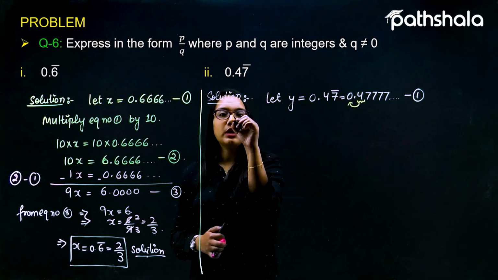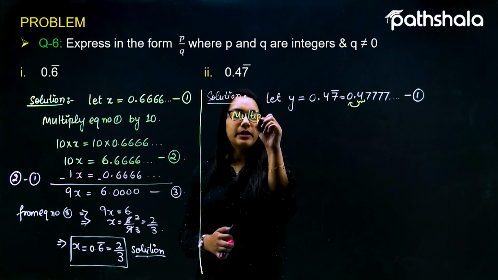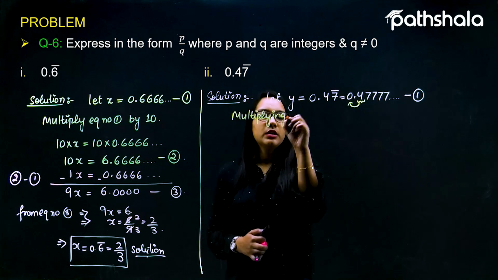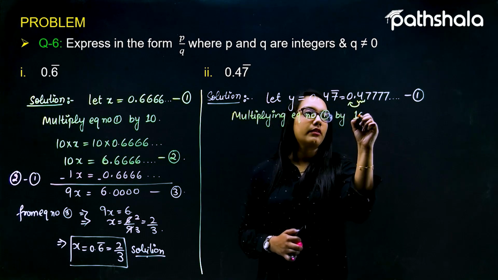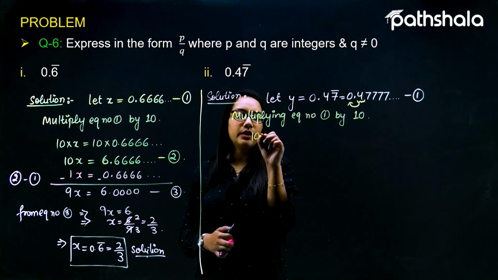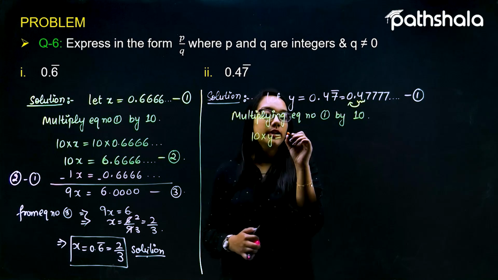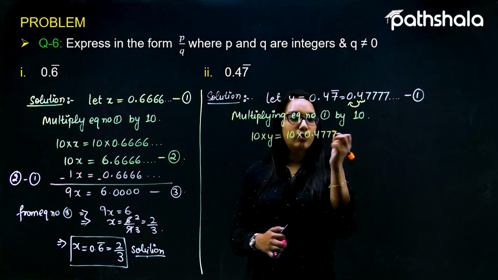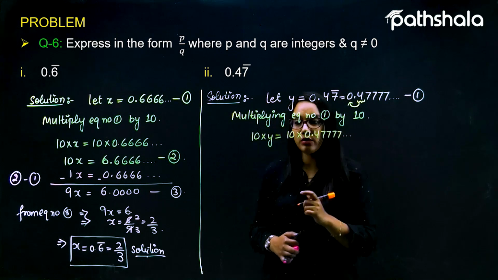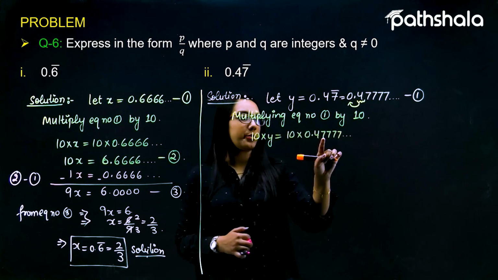So it will be 10 into y, which is equal to 10 into 0.47777 and so on. The only number repeating here is 7.